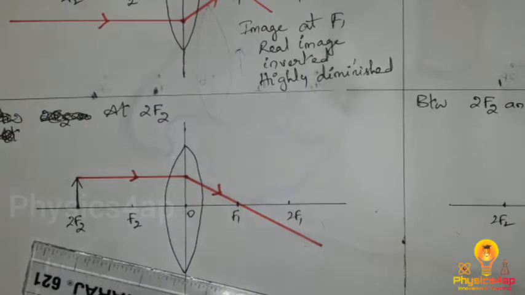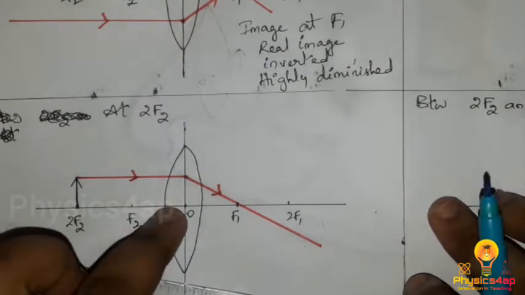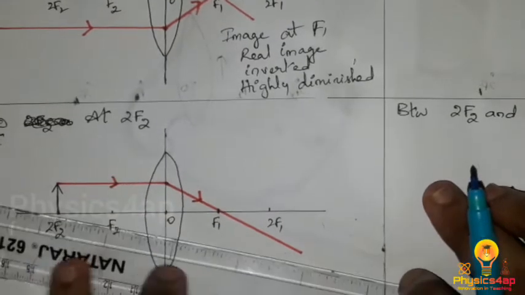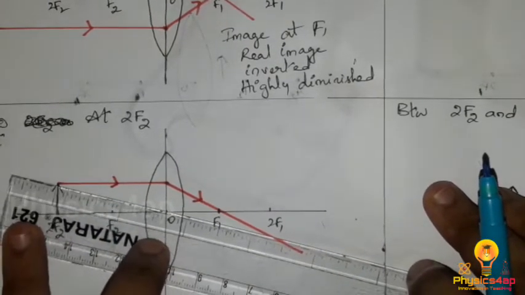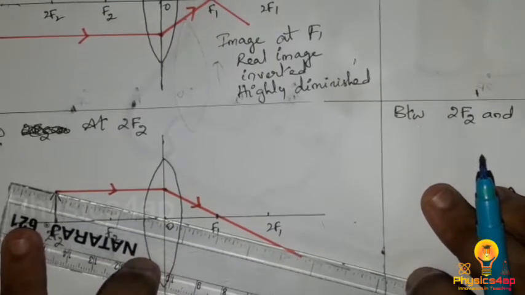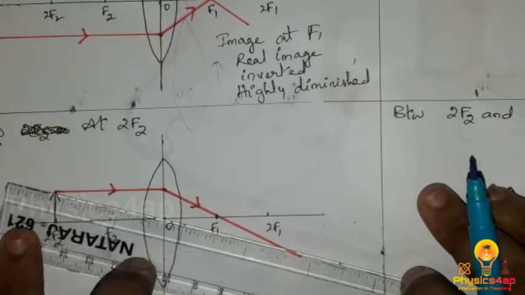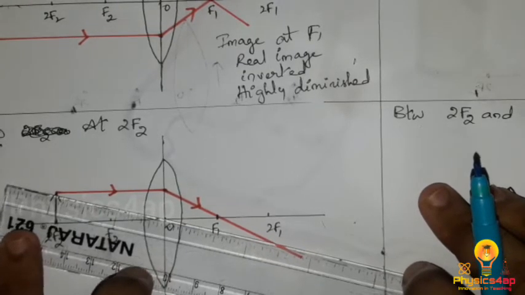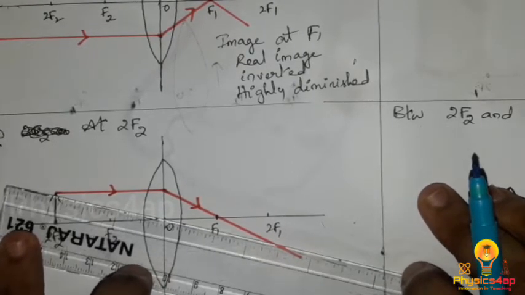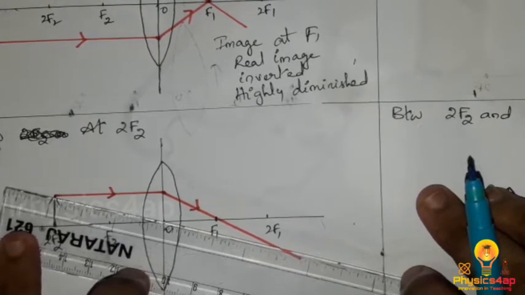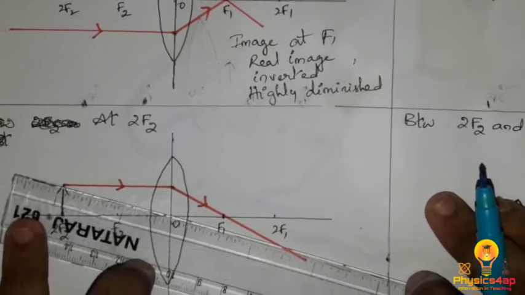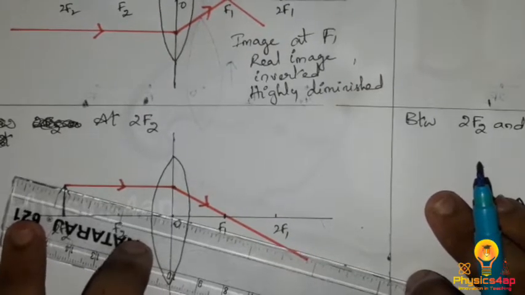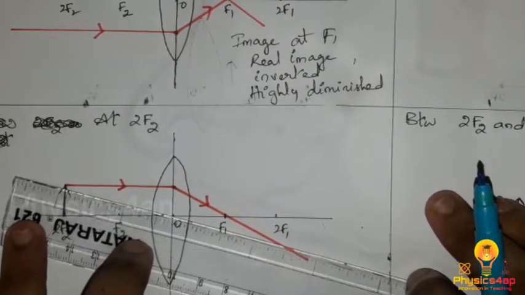And the second line is which is normally passing through the optic center. It should pass through the optic center. Is it straight? It should be passing through the optic center straight.